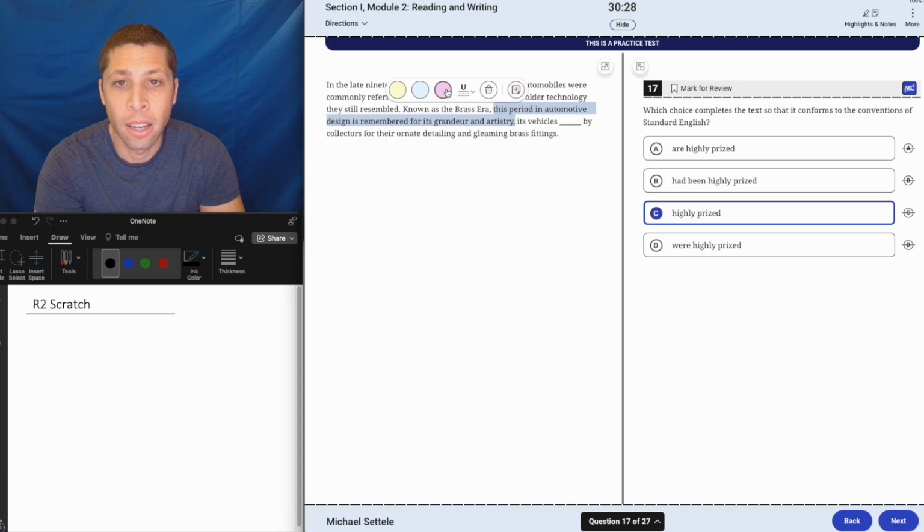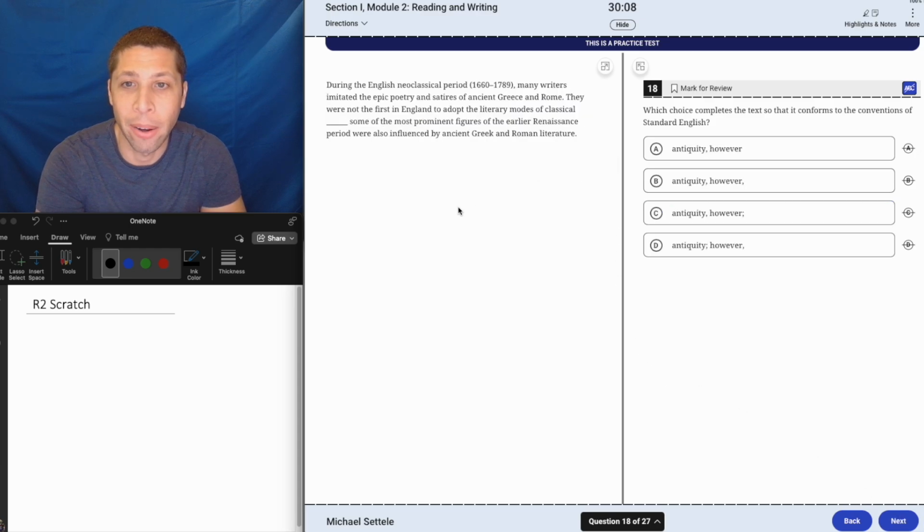That's a sentence. Its vehicles are highly prized by collectors. That's a sentence. Its vehicles had been highly prized by collectors. That's a sentence. Its vehicles were highly prized. That's a sentence. Only C is going to remove that and make this an extra clause. Tricky, but it's basically anything with verbs where you don't. Yeah, I'm not going to get into it now. I've got to keep moving.